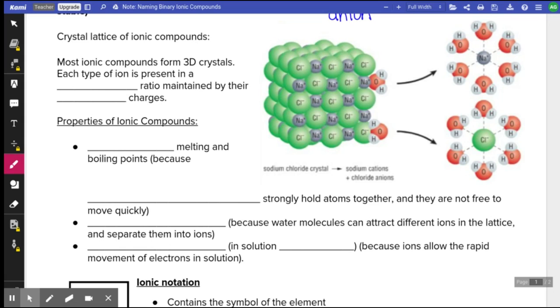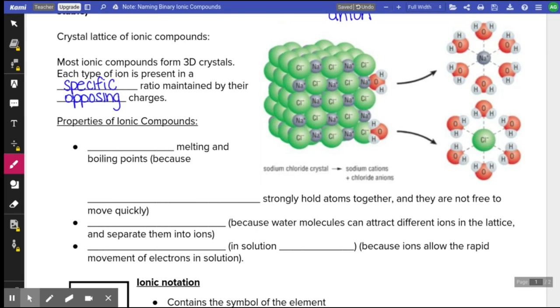The ions of different charges are strongly attracted to one another, and they gather together to form this crystal lattice. Each type of ion in the crystal lattice is present in a specific ratio, and that ratio is maintained by their opposing charges.